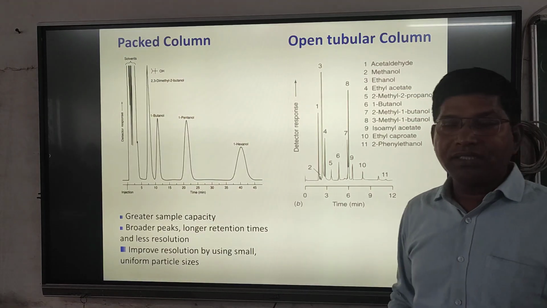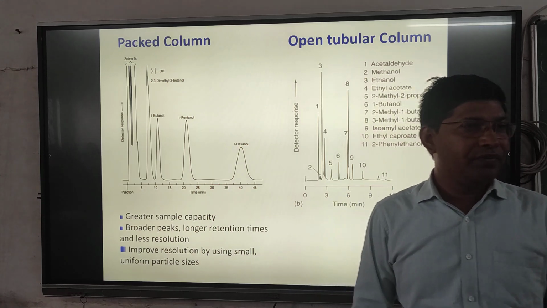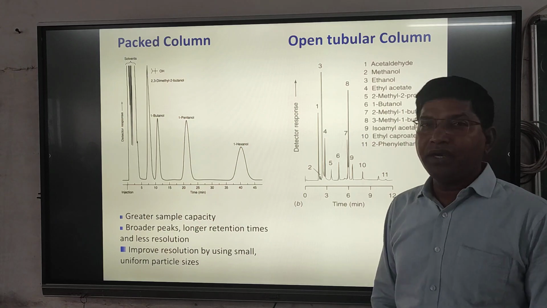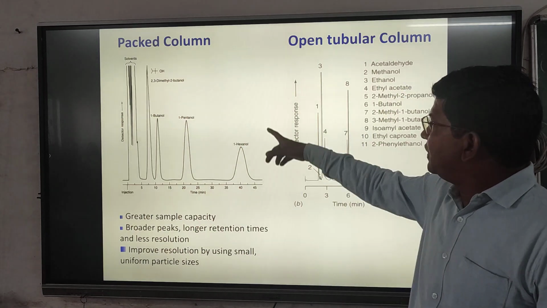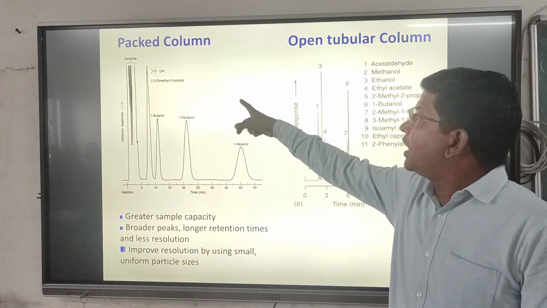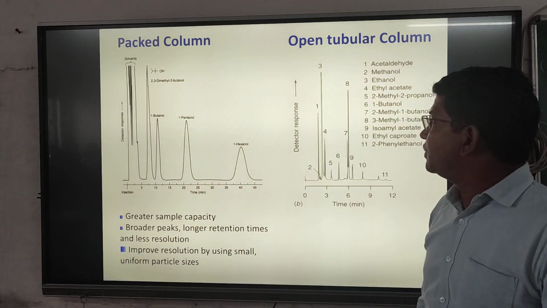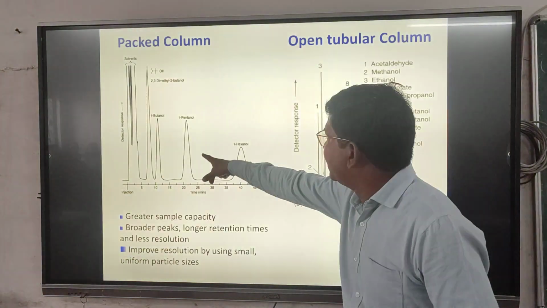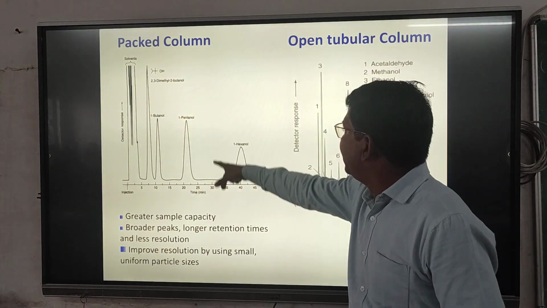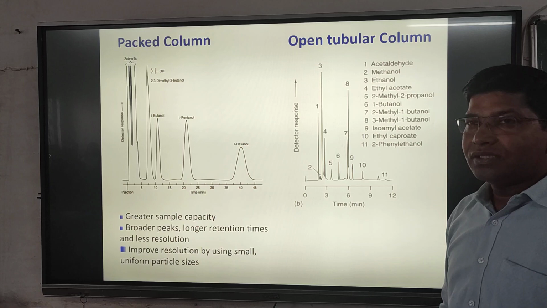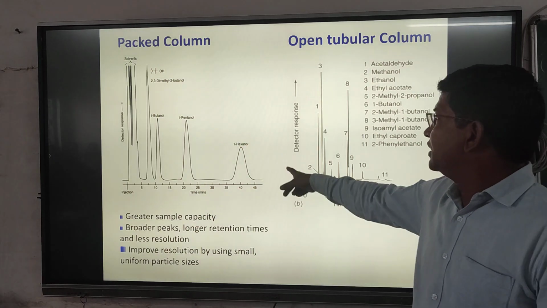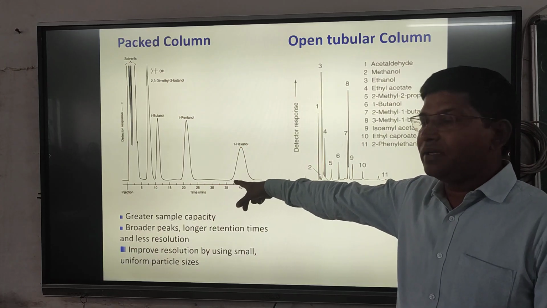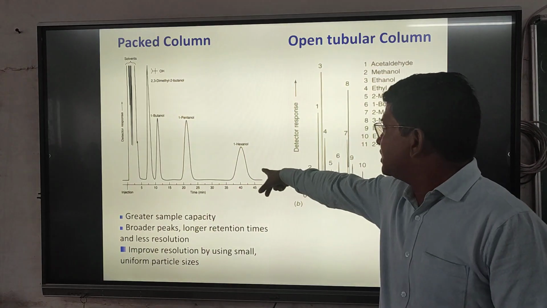Then here we can see the utility or the difference between a packed column and an open tubular column. So when we use a packed column in gas chromatography, we will see the separation of the compounds. First is butanol, pentanol, and hexanol. Suppose we inject these compounds in a gas chromatography, after the separation we will see this type of separation.